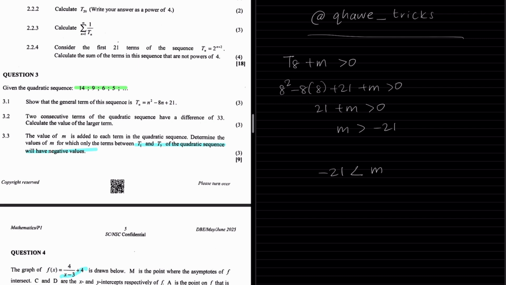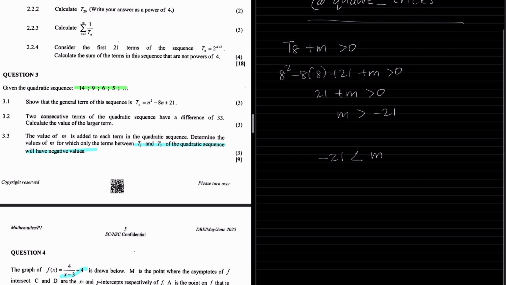Now for the next part, between t1 and t7, those should be negative. Since t1 and t7 represent the maximum value for tn in that range, we're going to focus on them.